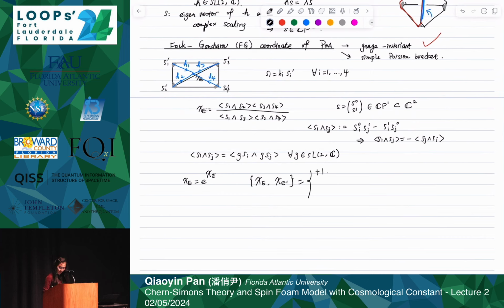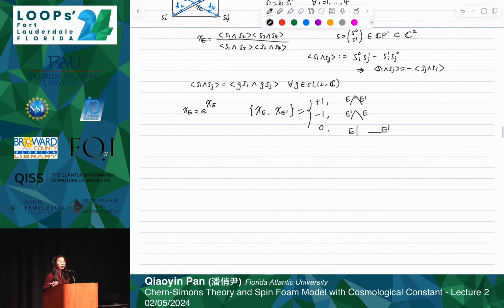First, it equals 1 if e is on the left of e prime. Of course, the vertex is also the cusp boundary. And it equals -1 if it's the opposite. And it equals 0 if e and e prime are not connected to the same cusp boundary. It's very simple. So we see the nice property of this kind of coordinate.